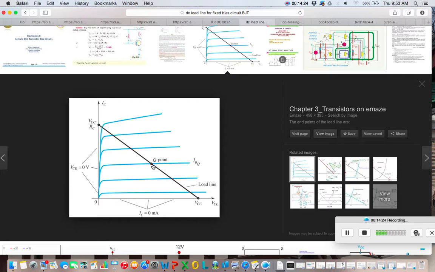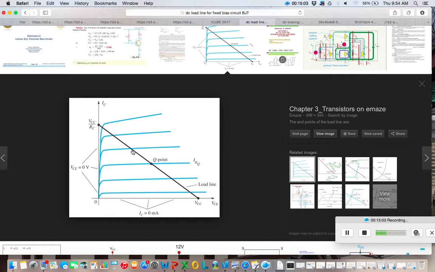You can determine the Q point once the DC load line intersects with the desired IBQ. So if your calculated IB is not 46, for example 60, the 60 microampere is right here, so your Q point is already shifted to another level. The Q point will be here.